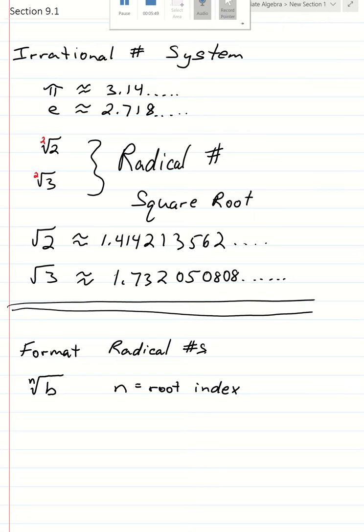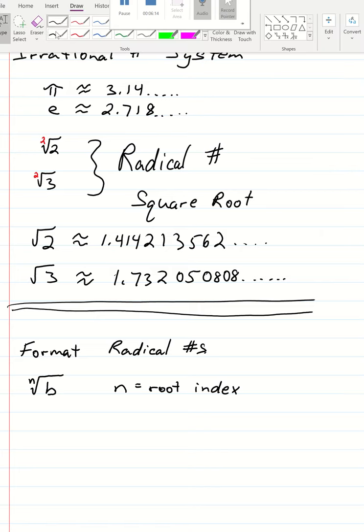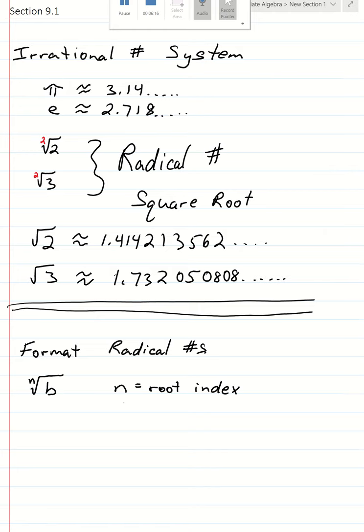Okay, you don't have to put that little 2 there, that root index of 2, because it's understood if we don't see it. All right. In math, there are a lot of things that we assume to be there. Like when we talk about x, that really means 1x. If you don't see a little number here, okay, it's assumed that we are talking about the square root. Okay, that is your root index. Now, the b value also has a name. It is often referred to as the radicand.